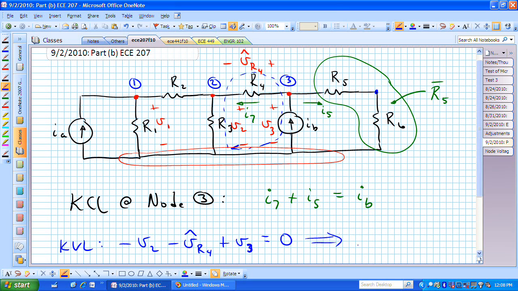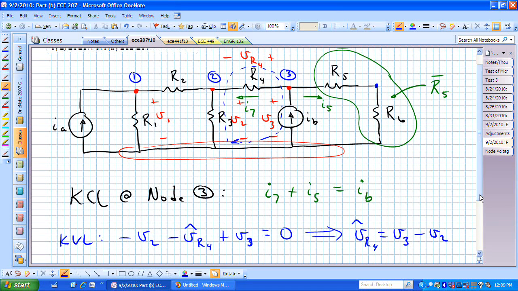What we really want is this V sub R sub 4 hat formula. If we take that to the right hand side, what is left on the left hand side is V sub 3 minus V sub 2.